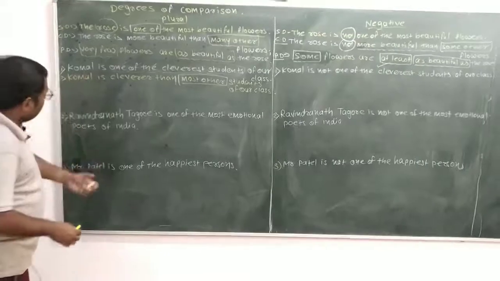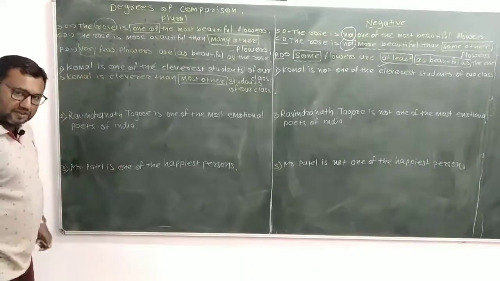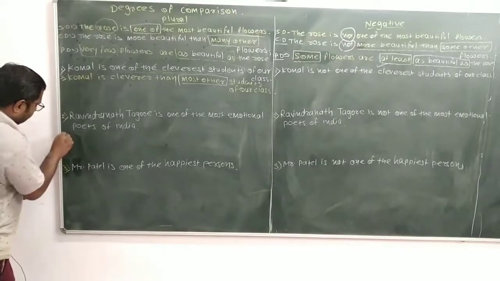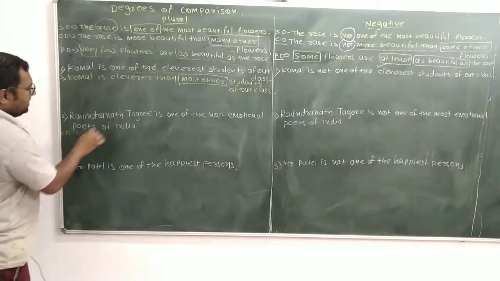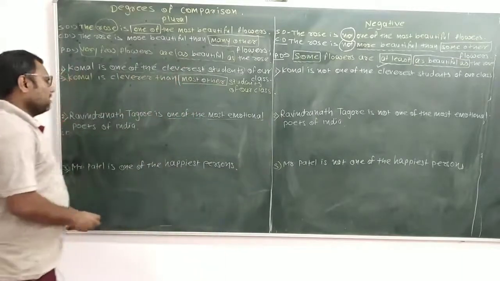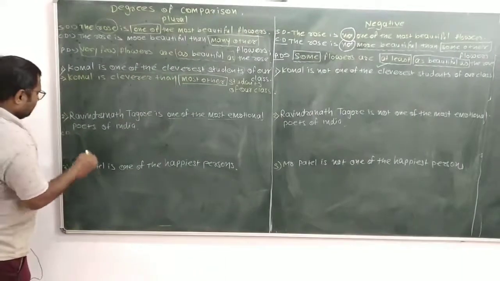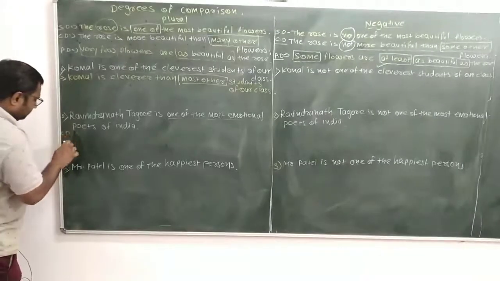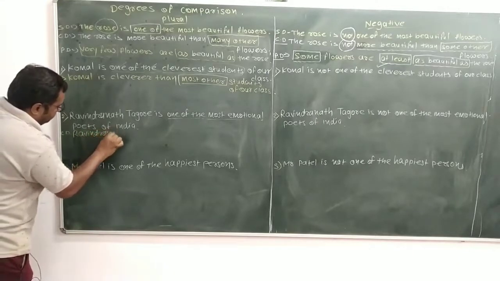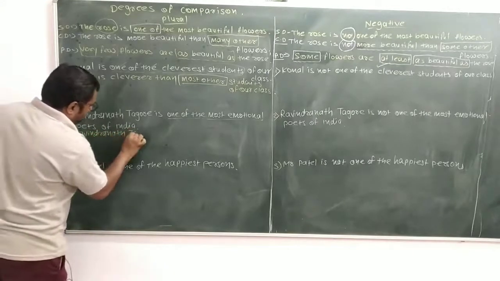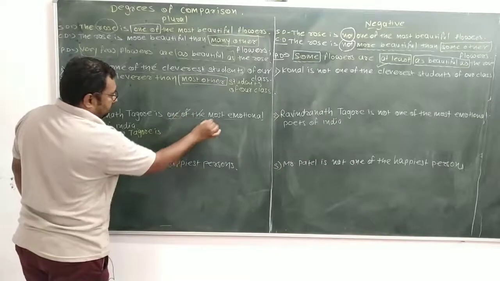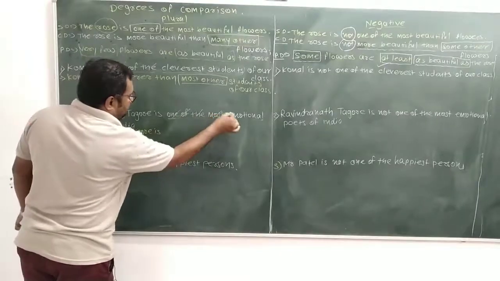First of all we make comparative degree, after that positive degree, so that you can understand very well. Now the second one, comparative degree. Rabindranath Tagore is one of the most emotional poets of India. So Rabindranath Tagore is, remove "one of the" and "most", emotional.